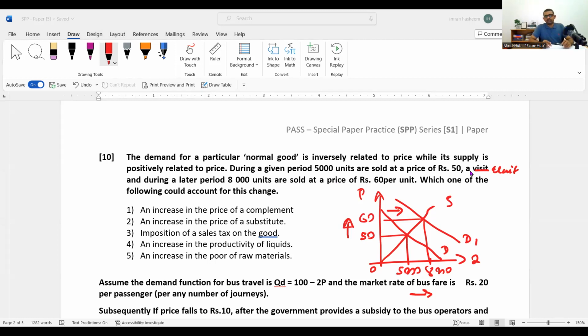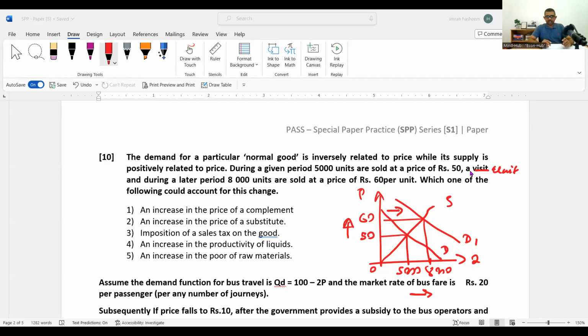An increase in the price of complementary goods, negative relationship, demand will decrease. Can't be correct. An increase in the price of substitutes, yes, positive relationship, demand will increase. Number 3, imposition of a sales tax on the good, no, supply will decrease.